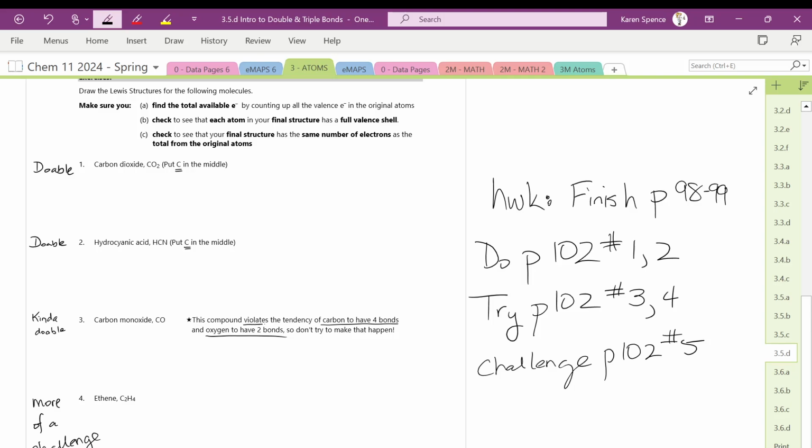And this one has oxygen over here. We found out that oxygen has 8 electrons. And this carbon.